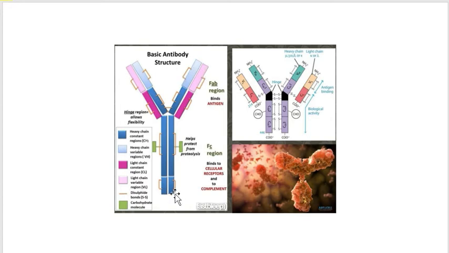Or through ADCC, that is antibody dependent cell mediated cytotoxicity, it can fix NK cells to kill the target cells. So FAB is responsible for antigen binding, and the fragment crystallizable or FC region is responsible for interaction with different cells of the body.